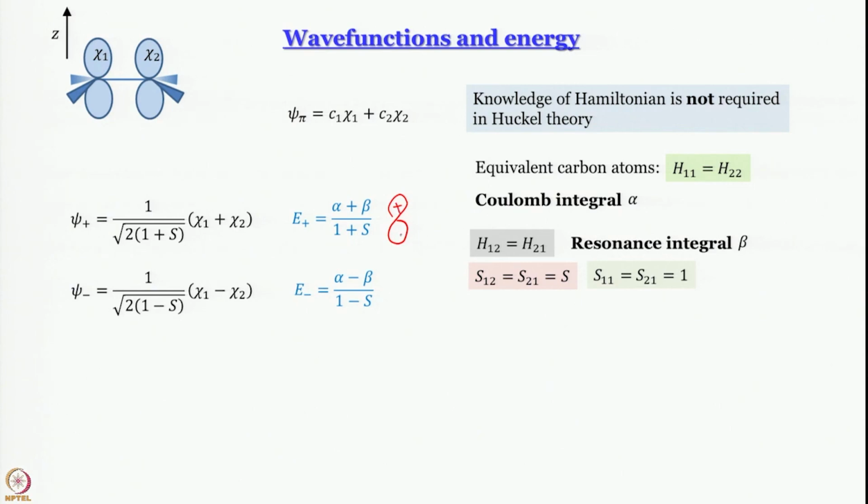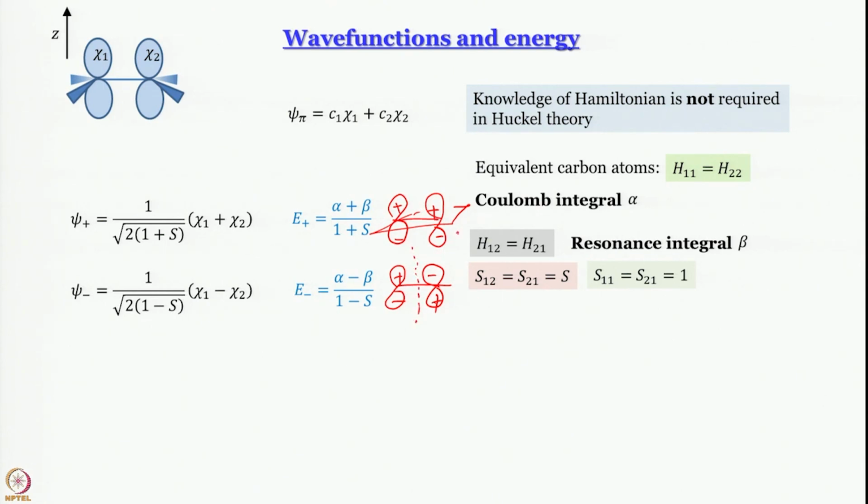If you draw the first orbital this way, then the second orbital will be like this, that is plus, and for psi minus, if you draw the first orbital like this, the second orbital has to point downwards, okay, because it is minus. So, here the only node that is there is the node that already existed in p orbital, right, xy plane. Here however, you have an additional node between these two.